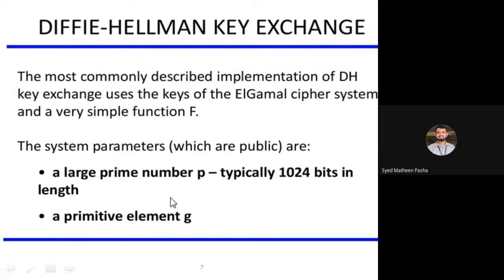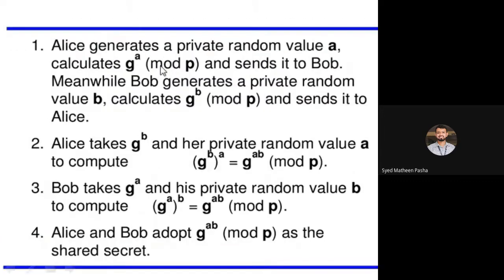Both will be given in your question. So with P and G, you assume some private number a, calculate this part, and send it to Bob.